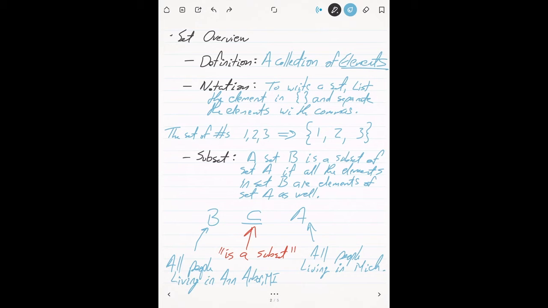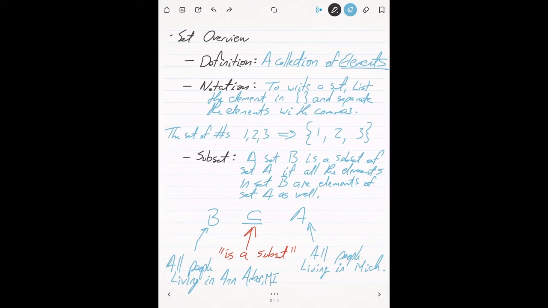Maybe you have the set of all sweatshirts that your store sells. A subset of that would be the set of all hooded sweatshirts that your store sells. Maybe you would say a subset could be the set of all crew neck or V-neck sweaters, the set of all cardigan sweaters, the set of all red sweaters.